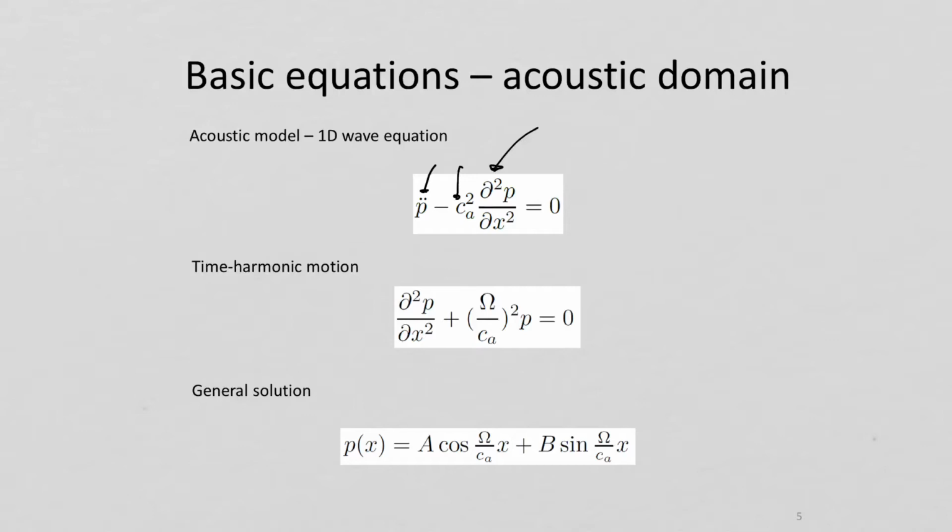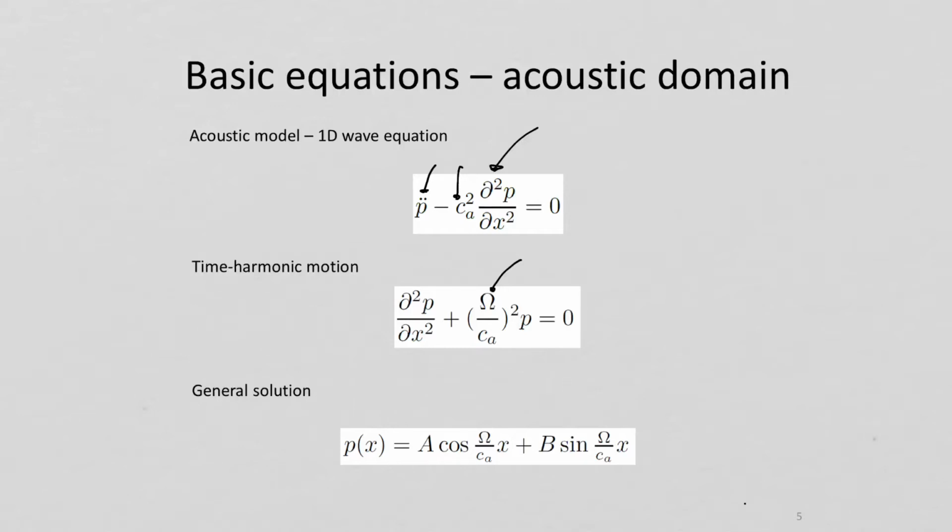What we're of course specifically interested in throughout the course is time harmonic motion, right? So we have a well-defined frequency of the motion. So we introduce the frequency omega. And when we do that, we can transform our 1D wave equation into the corresponding time harmonic wave equation, also known as the Helmholtz equation.